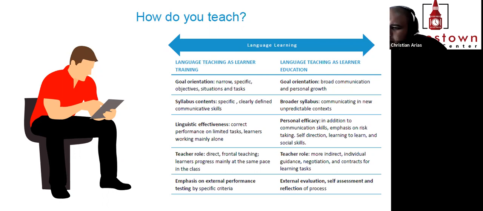Broader syllabus: communicating in new unpredictable contexts, personal efficacy in addition to communication skills, emphasis on risk taking, self-direction, learning to learn, and social skills. Teacher role: more indirect, individual guidance, negotiation, and contracts for learning tasks. External evaluation, self-assessment, and reflection of process.